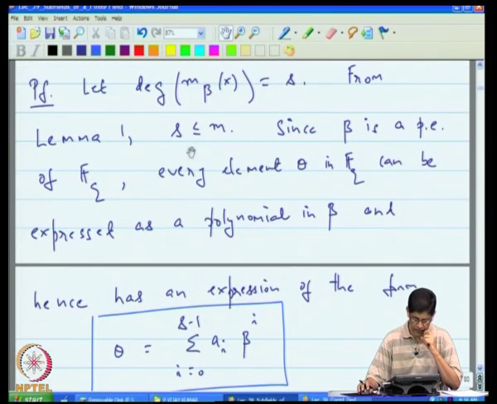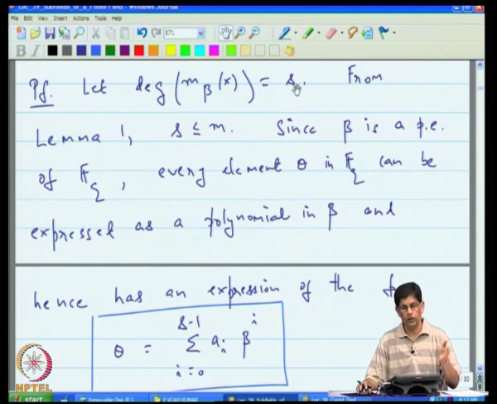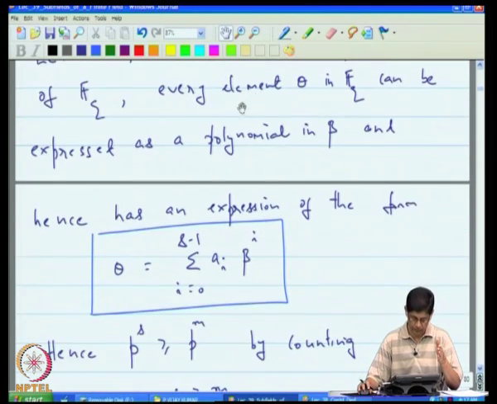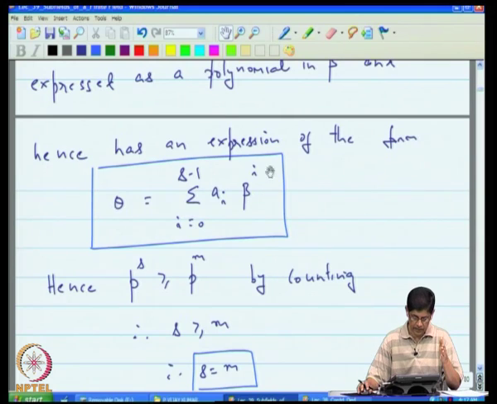Why is that? Well, the minimal polynomial has degree s. So that means that beta to the s is dependent on lower powers of beta. So we never have to cross an exponent of beta larger than s minus 1, because if we run into beta to the s, we can always re-express it in terms of lesser powers of beta. So for that reason theta can always be expressed like this.